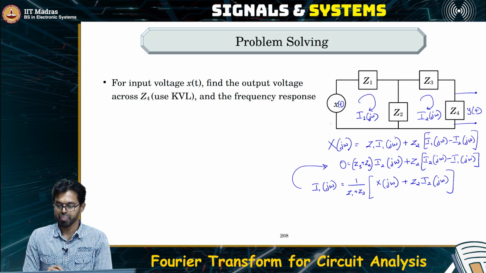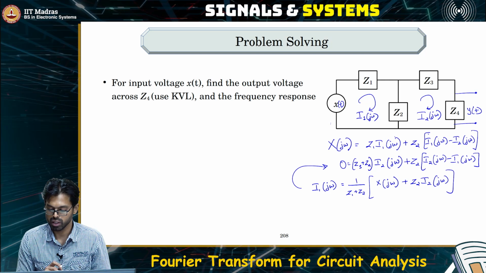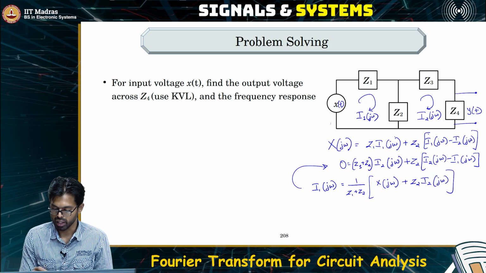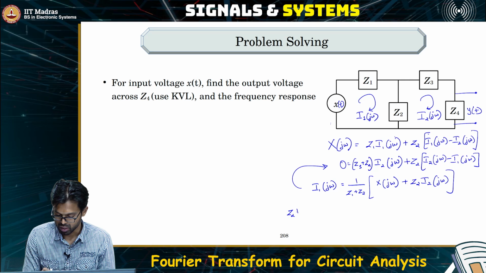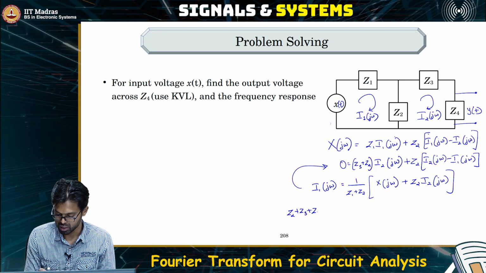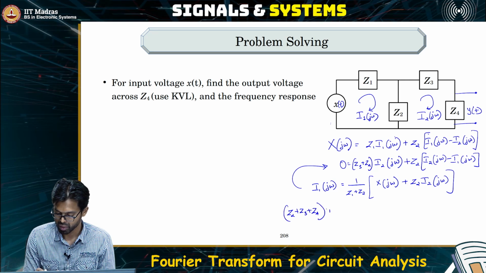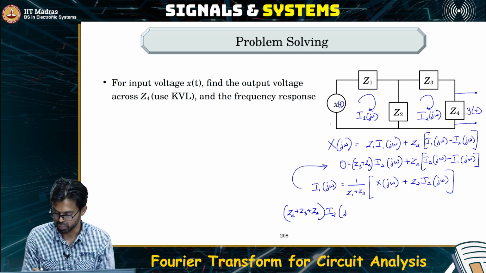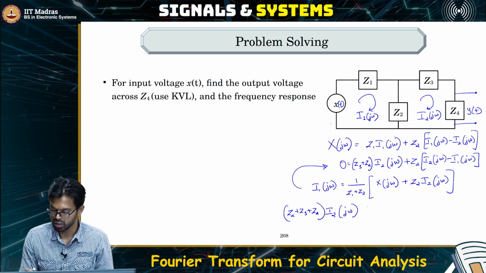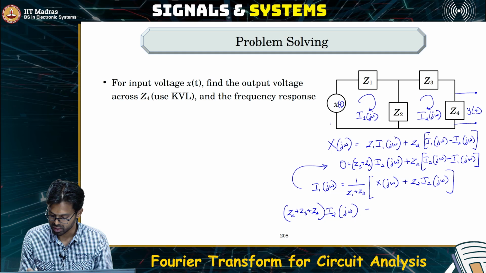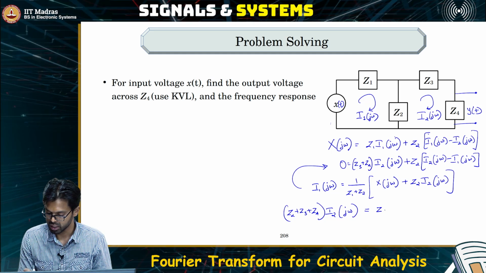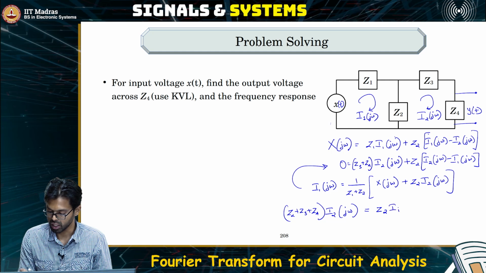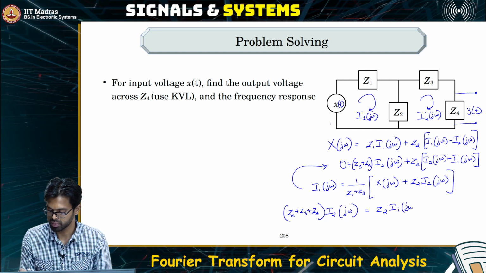Then we have Z2 plus Z3 plus Z4 of I2 of j omega is equal to Z2 times I1 of j omega.